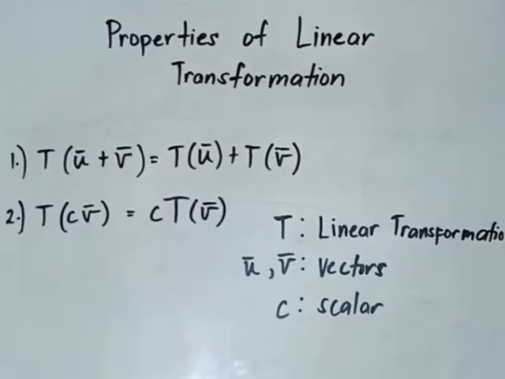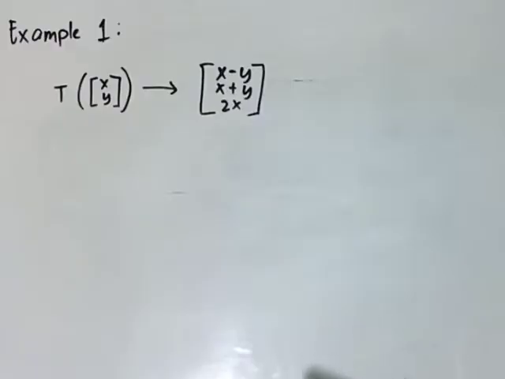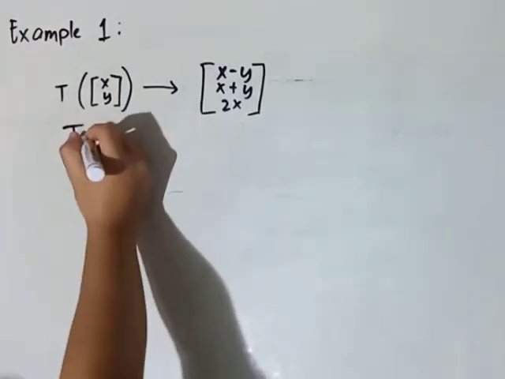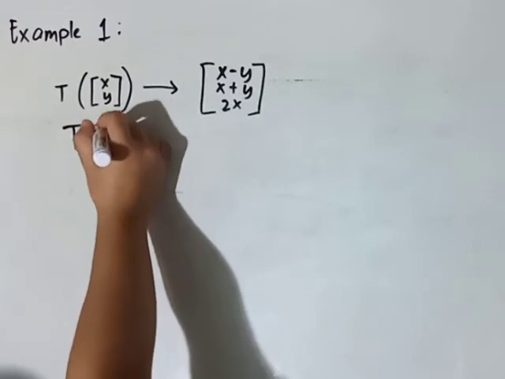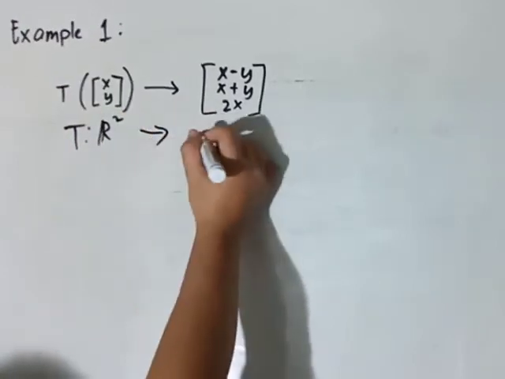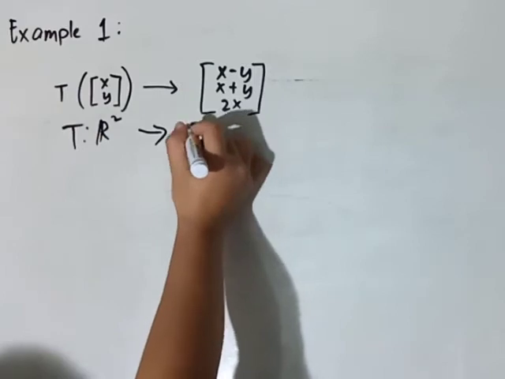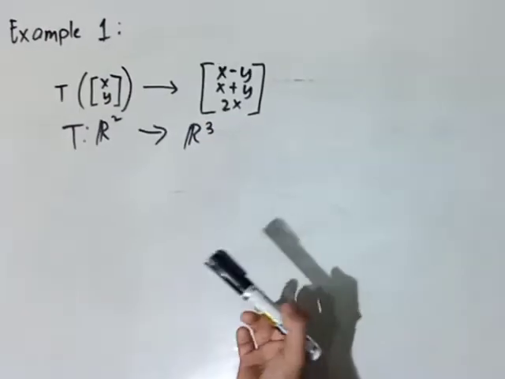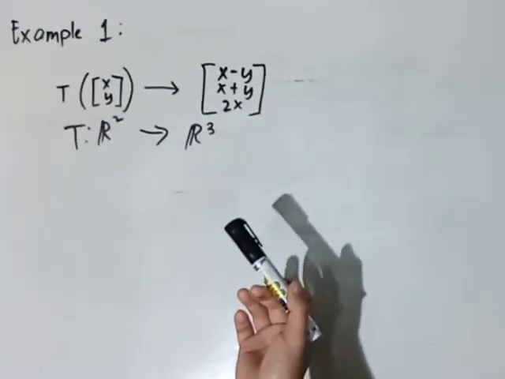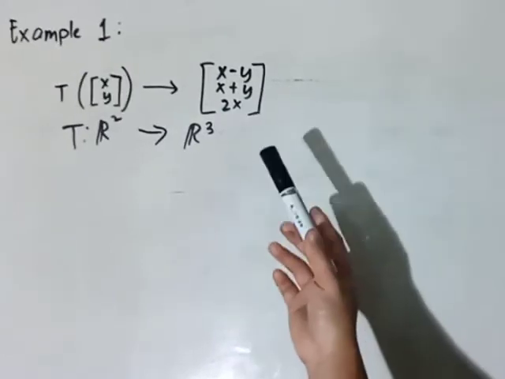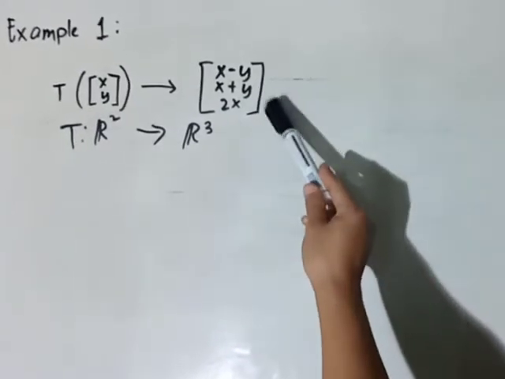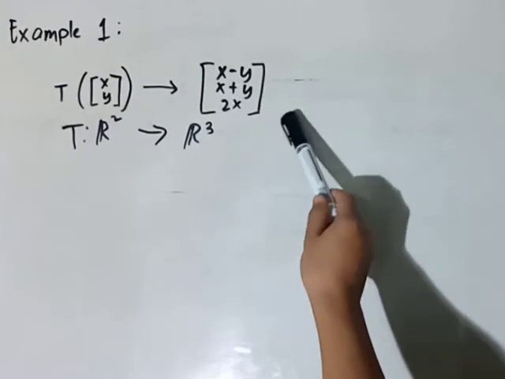So if T is a linear transformation of vectors U and V, and C is a scalar, then these two following properties hold. In this example, we're going to try to prove that this is a linear transformation using the properties of linear transformation. This is a transformation from R2 to R3. This is just an example of a transformation, but this time let us prove whether this transformation is linear or not.